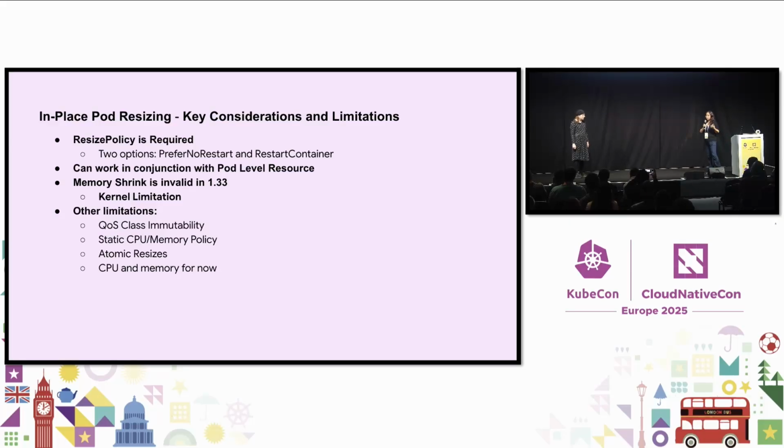But even with prefer no restart, we didn't say absolutely no restart. Here's the reason. Just as Lucy asked about memory shrinking, it actually doesn't work very well because of a kernel limitation. The Kubernetes SIG Node community works very closely with the Linux kernel community. We try to make this better, especially in cgroup v2, where shrinking memory will trigger reclaim of the memory.